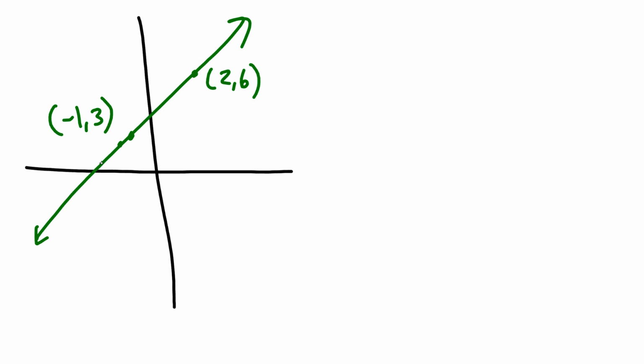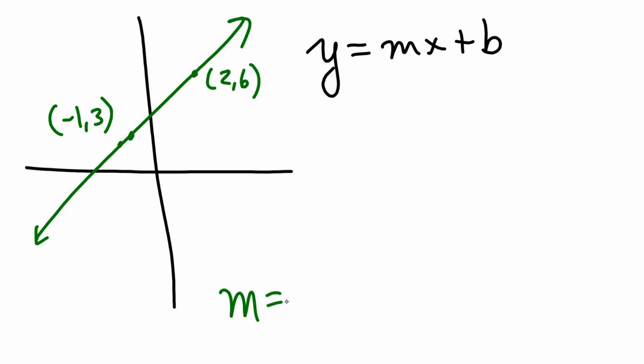And we want the equation of the line, and the equation of the line is y equals mx plus b, but we don't know b yet. We don't know the y-coordinate of the y-intercept, and so we ask ourselves, maybe we can find the slope first. And if we find the slope first, that's the second y minus the first y over the second x minus the first x.